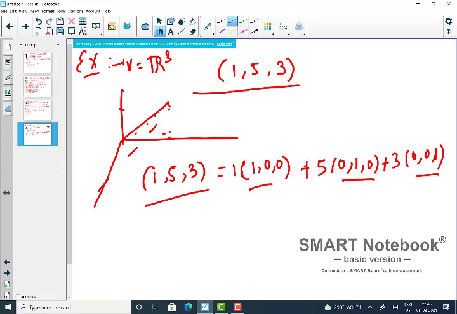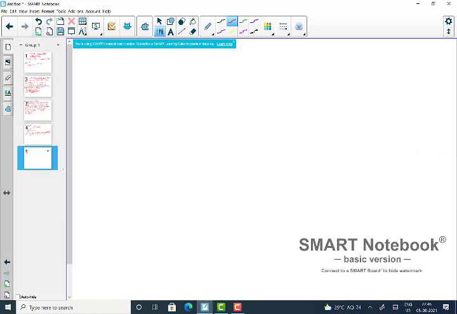Now, coming back to the question I was about to ask you: what happens if you collect all such linear combinations of some set? That is called the span of that set. So, definition again.